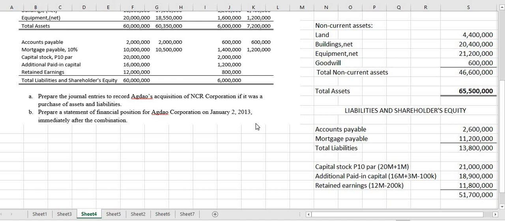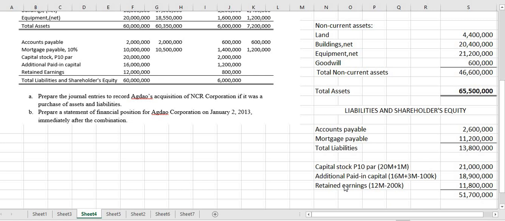Also, for liabilities and shareholders' equity, we have here accounts payable of 2.6 million. That's 2 million for Agdao and 600,000 for NCR. The mortgage payable is 11.2 million. That's 10 million of Agdao and 1.2 million of NCR. Okay? Then our shareholders' equity: capital stock, additional paid-in capital and retained earnings.